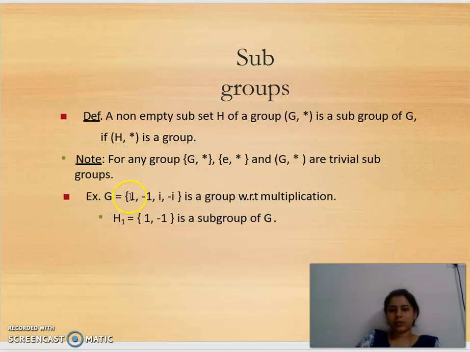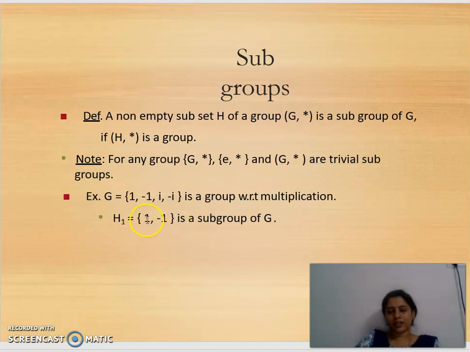Here G is equal to {1, -1}, which is a group with respect to multiplication. And if you take a subpart of this group, that is {1, -1}, then it also satisfies the group properties. For example, if you take the set H1 as {1, -1} with multiplication, we'll check whether H1 also satisfies the properties of a group.